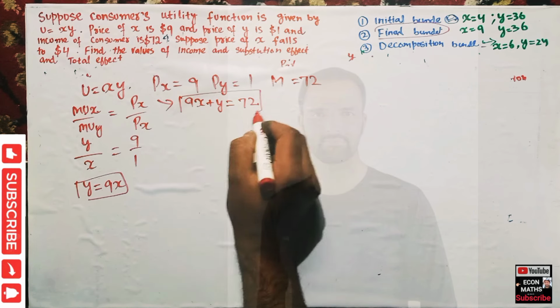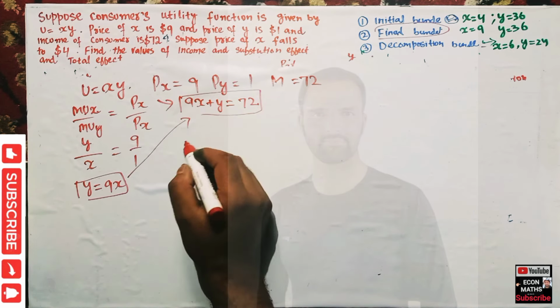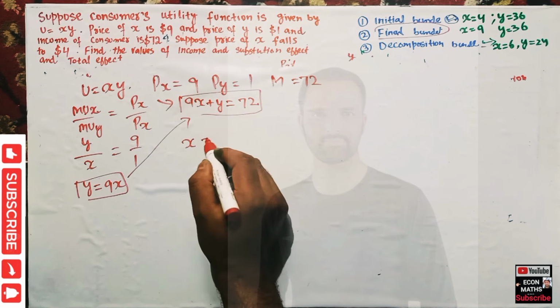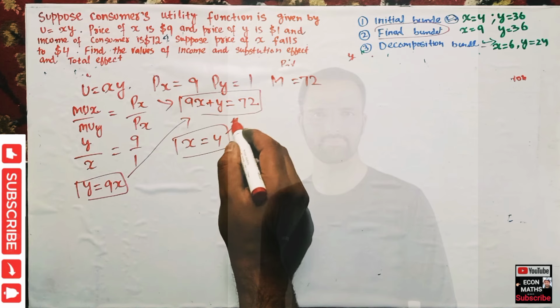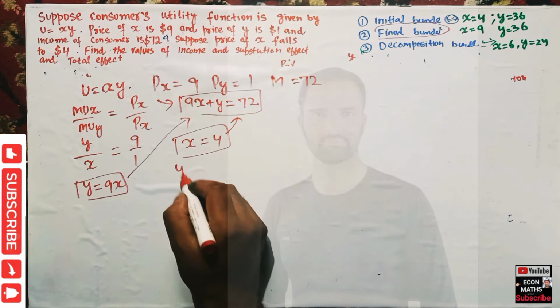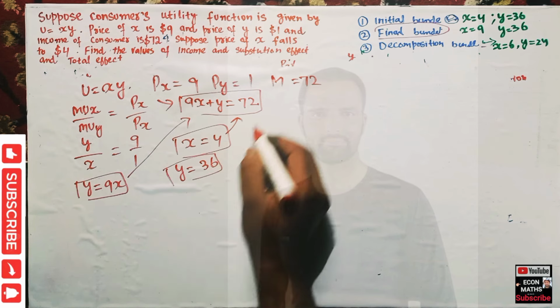Okay, we just plugged y is equal to 9x here, and we found x is equal to 4. After that, we put x is equal to 4 in this, and we got y is equal to 36. Okay, this was for the initial bundle.